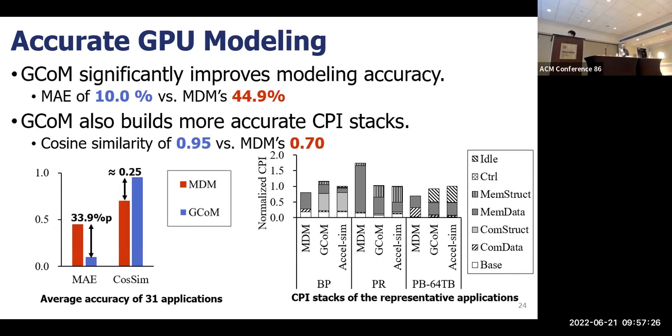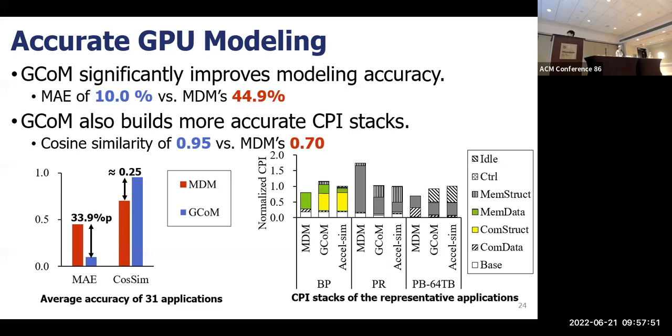GCoM significantly improves the accuracy by achieving a mean absolute percentage error of 10% against XLSIM with each cycle prediction, but MDM suffers from nearly 45%. In terms of CPI stack generation, GCoM achieves a cosine similarity higher than 0.9, while MDM suffers from 0.7.